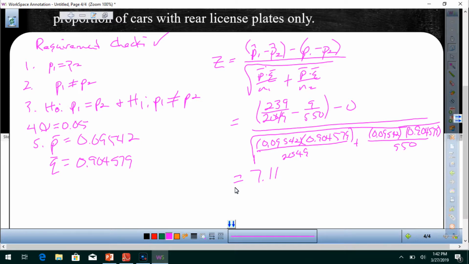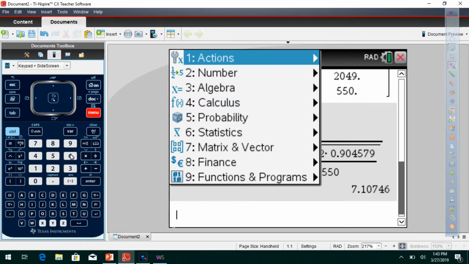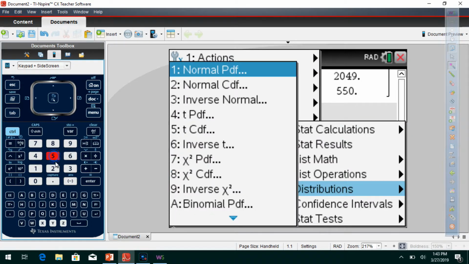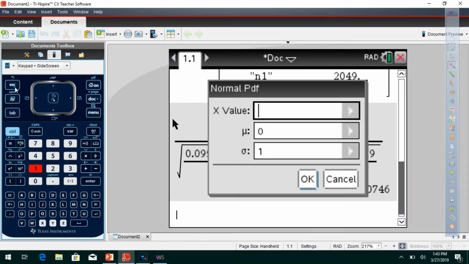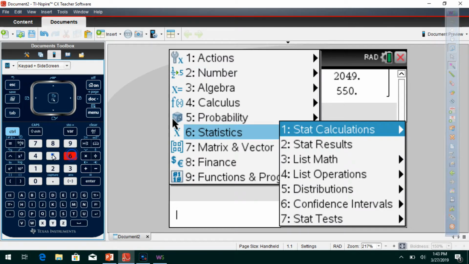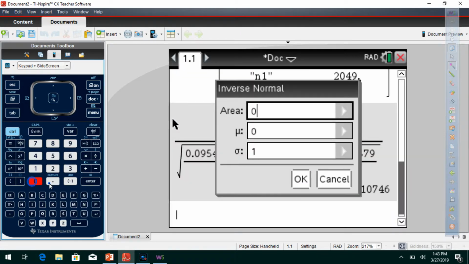So if that equals 7.11, this is all step 6 right here, 7.11 is greater than, oh, we had an alpha. If alpha equals 0.05, what is our Z value? We got menu 6, 5, 3, and then we got 0.05 divided by 2.